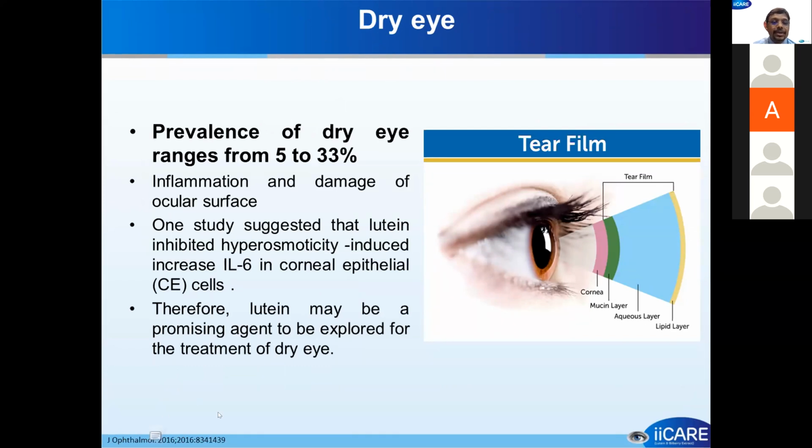And here also, lutein supplementation has helped to decrease the hyperosmoticity-induced inflammatory damage. That shows the role of lutein in controlling even the inflammation, and therefore lutein may be a promising agent to be explored for the treatment of dry eye.